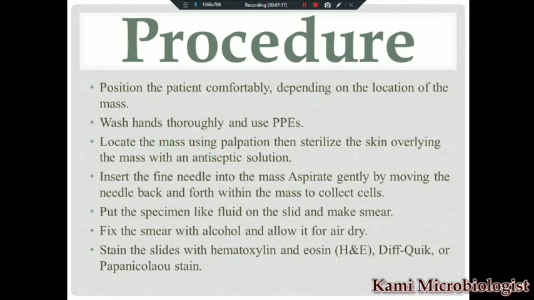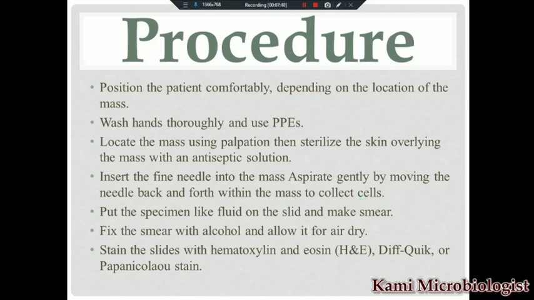Once the mass portion is located and we palpate it, we will sterilize that particular area of the skin, and then we will use the aspirate needle and inject it into the lumps or masses area, and then move it back and forth.